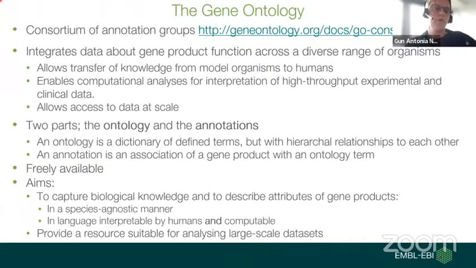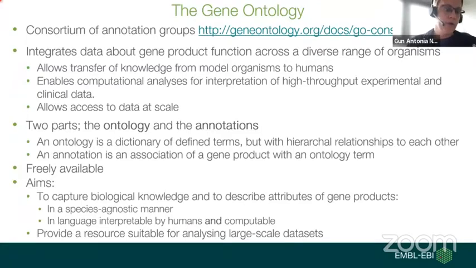Basically, an ontology is a dictionary or a list of terms, but it's not a simple flat list of terms. They're actually connected to each other via different types of relationships. And an annotation is when you associate a gene product, protein or non-coding RNA, to an ontology term.